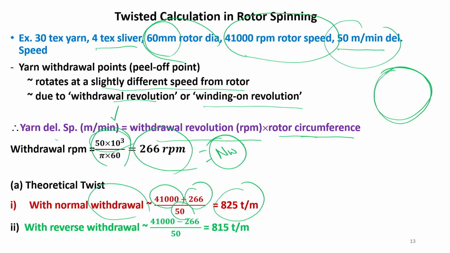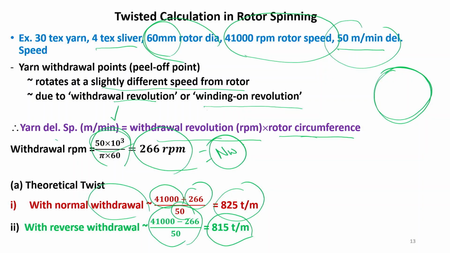And for reverse withdrawal, when the peel off point rotates in the reverse direction, the effective twisting revolution will be 41,000 minus 266 divided by delivery speed, it will be 815.